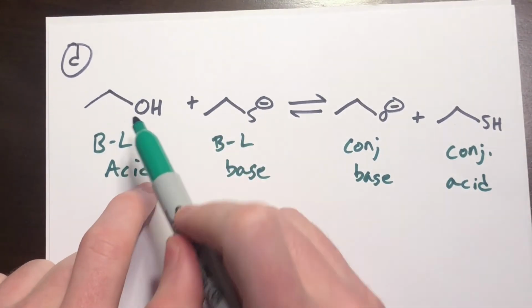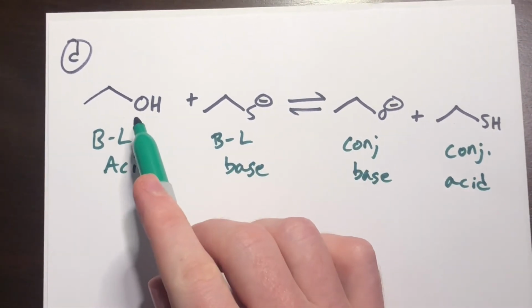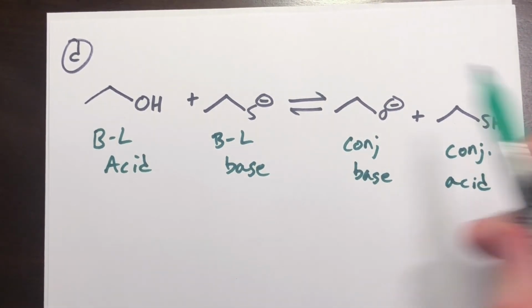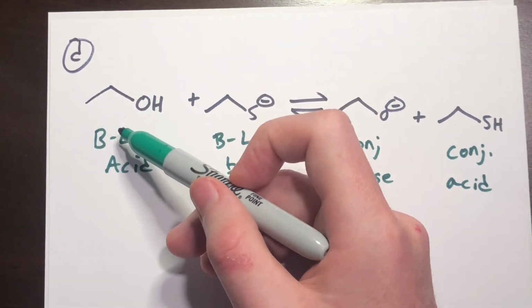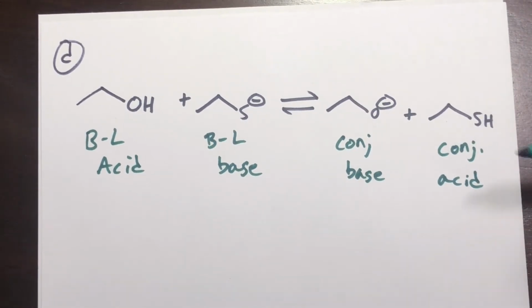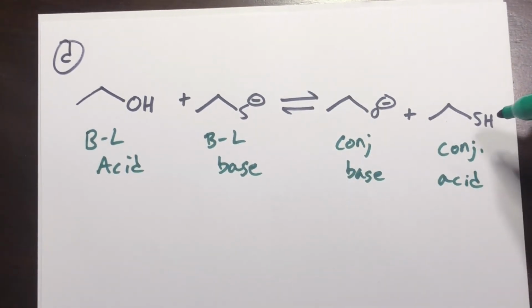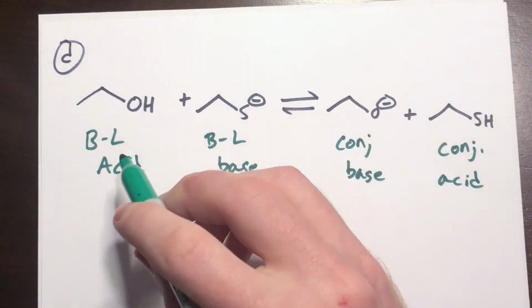So we only have electronegativity and size to consider. Oxygen is more electronegative than sulfur, which suggests that this acid would be stronger. But remember, if we have a size difference, that matters more. Sulfur is below oxygen on the periodic table, making this a much larger atom than oxygen. So because of size, this is the most acidic molecule, has a lower pKa than this.